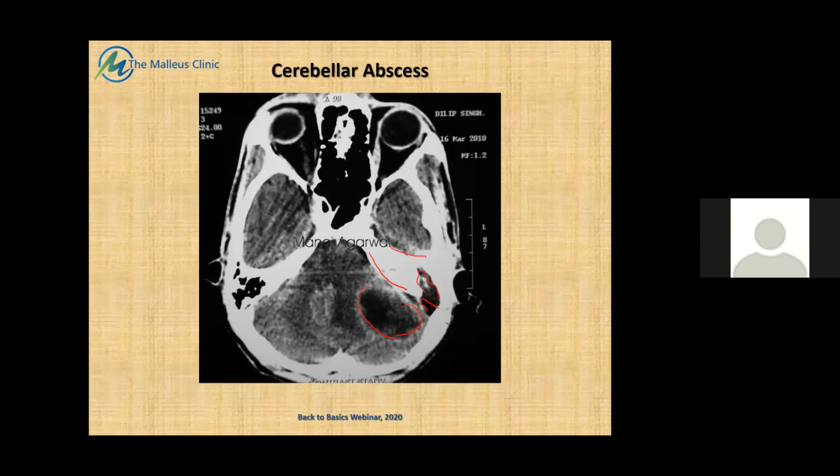So this patient, rather than a rotatory vertigo, is more liable to complain of ataxia. So this is another complication of an unsafe CSOM, that is a cerebellar abscess, which has to be kept in mind while evaluating a balance disordered patient in the background of chronic suppurative otitis media, especially the unsafe type.